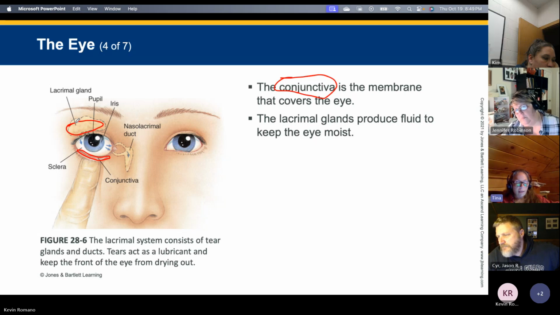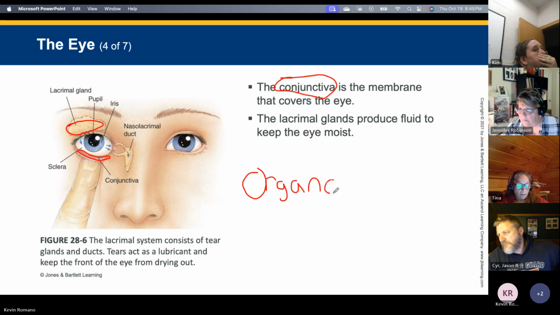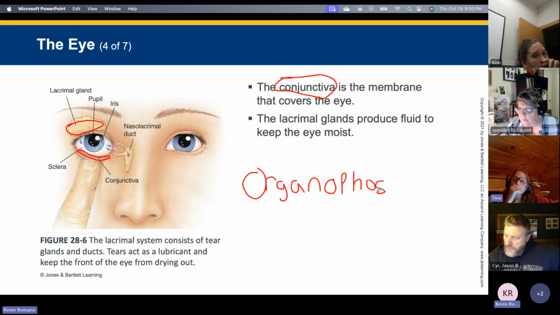Cholinergic, you're basically secreting from every orifice. Organophosphate poisoning, right?